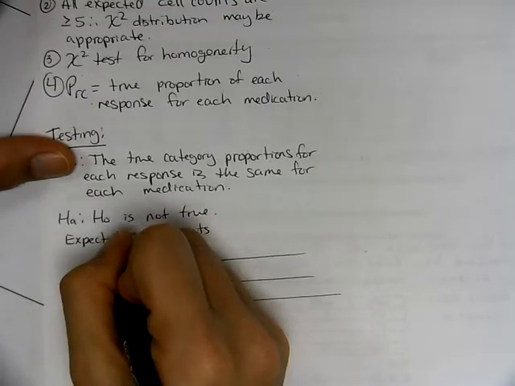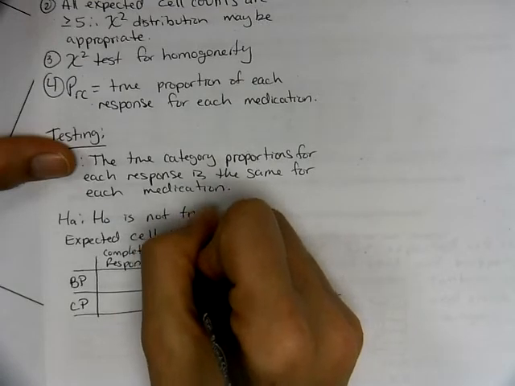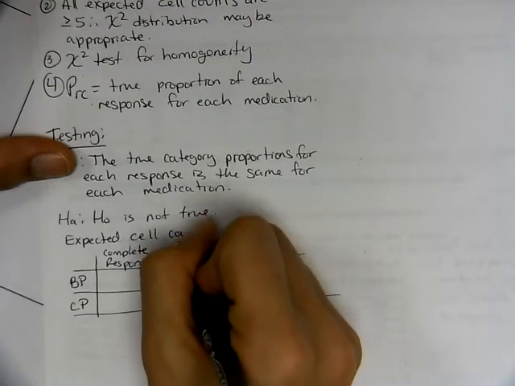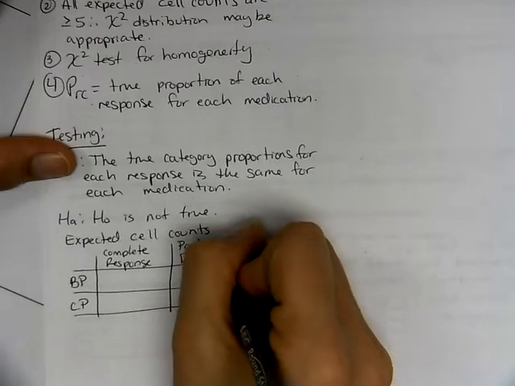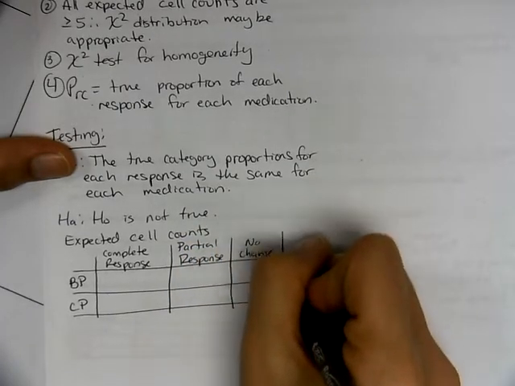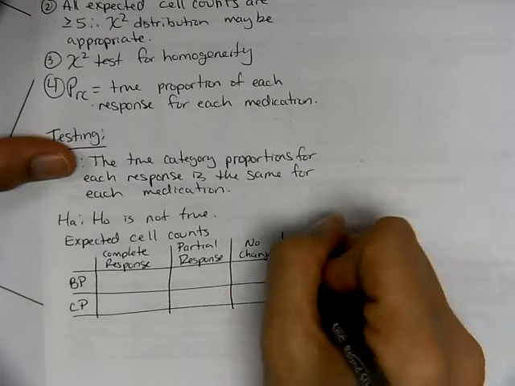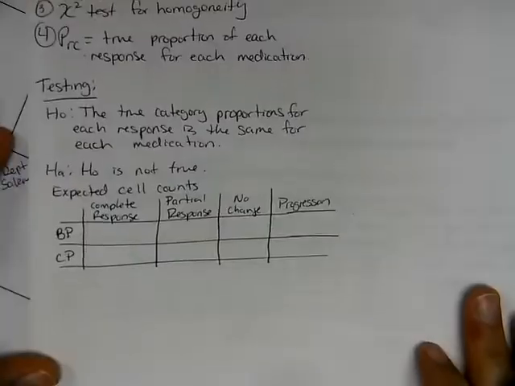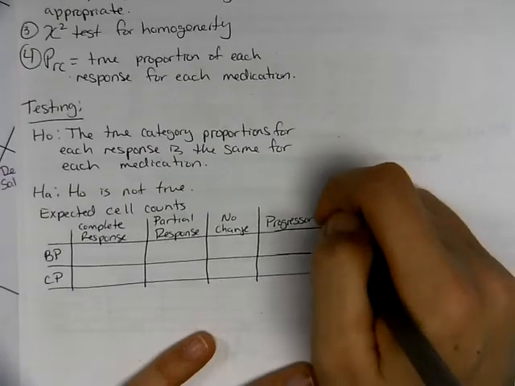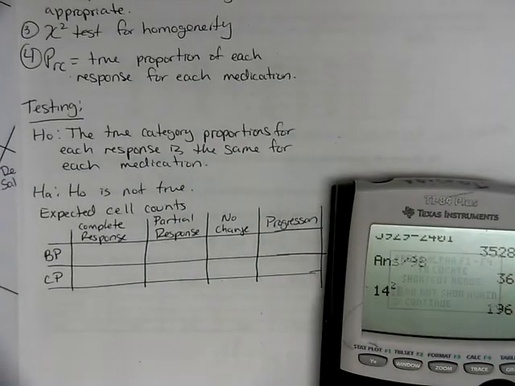You have a complete response, partial response, no change, progression. So, how do you figure those out? Everybody got the calculators handy?